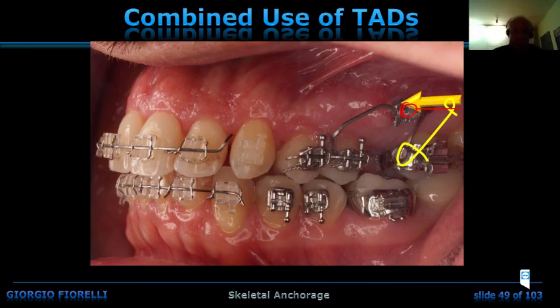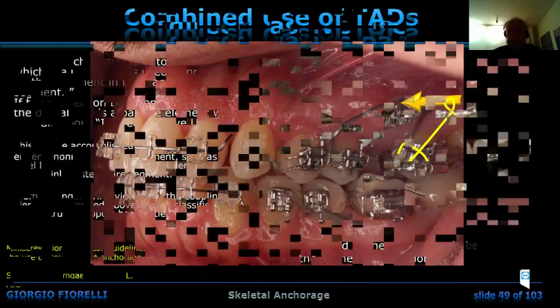I also have a TPA, a transpalatal arch, which is moving the molar on the palatal side. And this is going to work for a certain period, then the stud will become loose because the roots are coming in this direction. That's not a mistake. This stud was here for another reason, and I will use it as much as I can. When it becomes loose, I will place another stud here. That's okay. It takes 5 minutes.